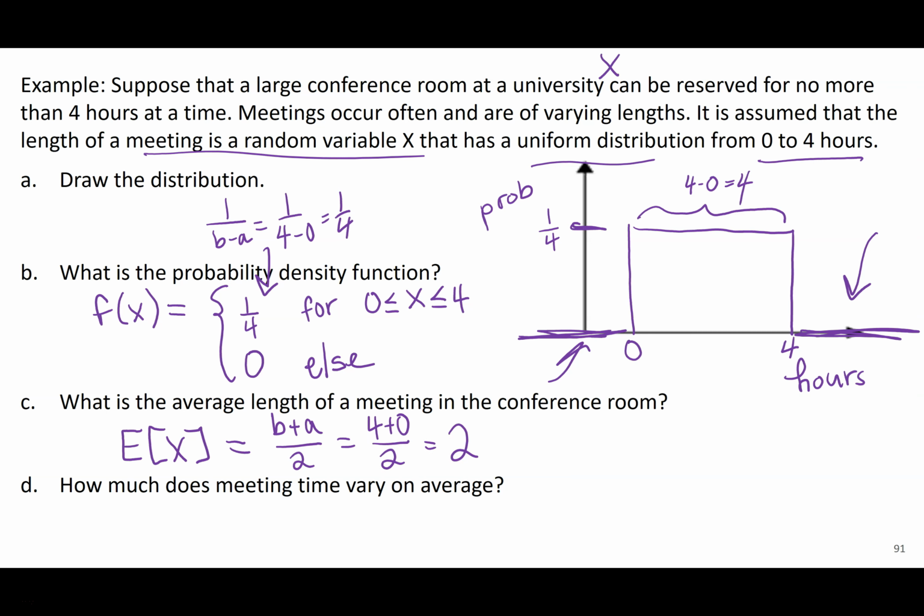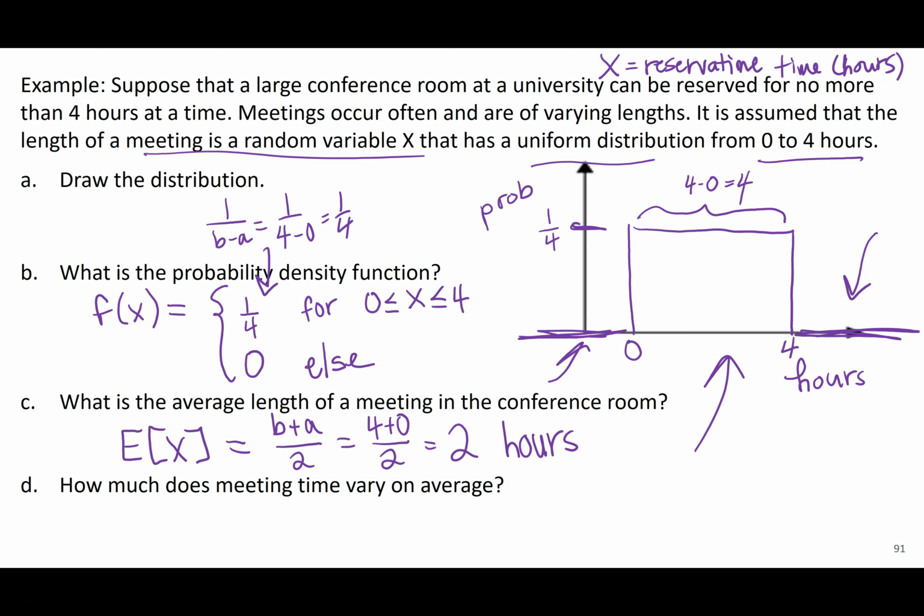And remember, x is reservation time in hours. So I'm going to put hours. On average, out of all of these reservations being made, the average reservation is for 2 hours, given that it has this distribution.